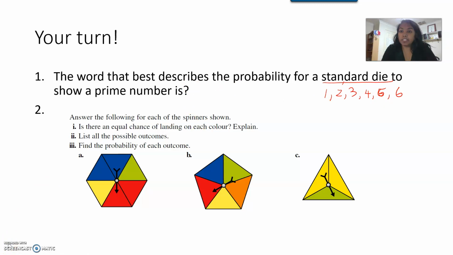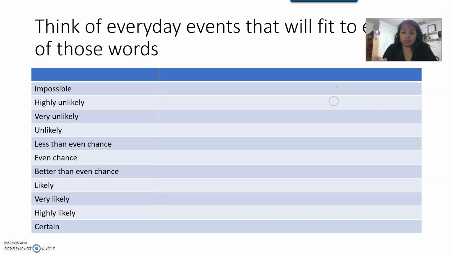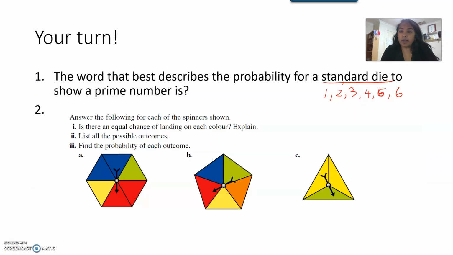Prime numbers means that you can only divide it by itself and one. So 2, 3, and 5 are the prime numbers. There are 3 of them, and in total there are 6, which means it's 3 out of 6, which is a half, and we know that's 50%.